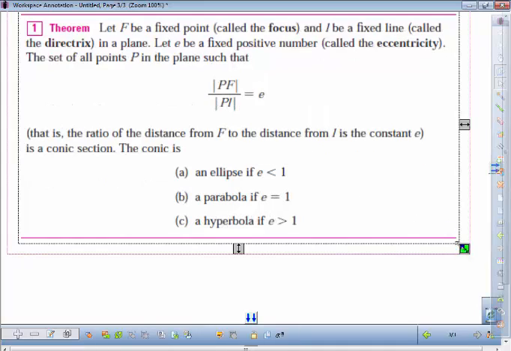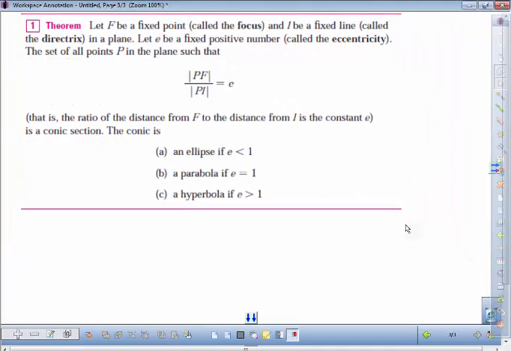And let's relate it to at least an ellipse. And I don't know if I want to talk too much about hyperbolas and parabolas, but let's imagine this idea. We have F, a fixed point called a focus, and we've studied focus points already. And L is a fixed line called the directrix. So that sounds like we're dealing with a parabola.